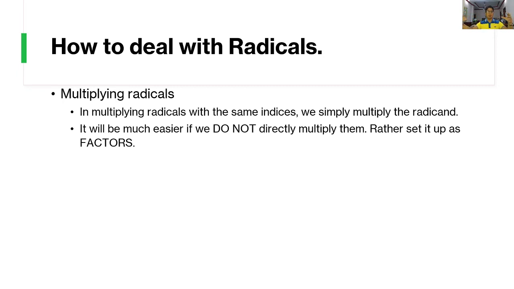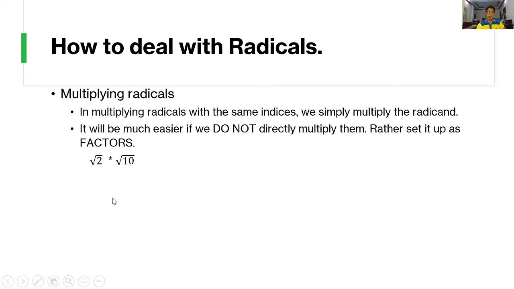And then sa huli, sasabihin sa atin ng teacher, simplify your answer in the lowest term possible. Hahanapin mo ulit para lumiit. Right? So, that's the reason kung bakit sabi ko, huwag nyo munang i-direct multiply. Ang gawin nyo, set nyo lang siya as factors para kung may kaka-cancelin, makaka-cancel na, and then yung final na sagot, you can rest assured that that is already in the lowest term.